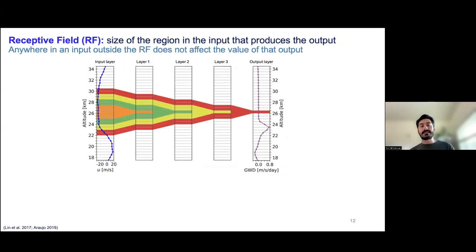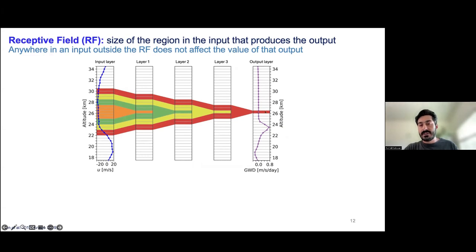The other one is this concept of receptive field in convolutional neural networks, and that's the size of the region in the input that produces one output. So for example, with the kernel size of 5, this output in layer 1 can see these 5 levels in the input. And as we go deeper, the receptive field actually increases.